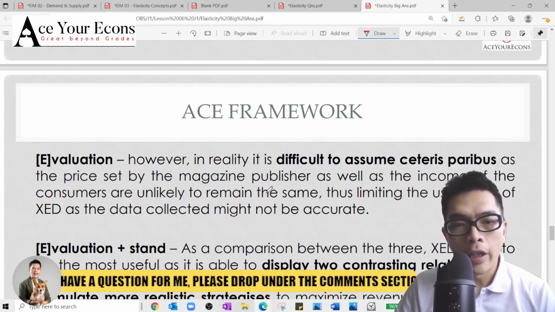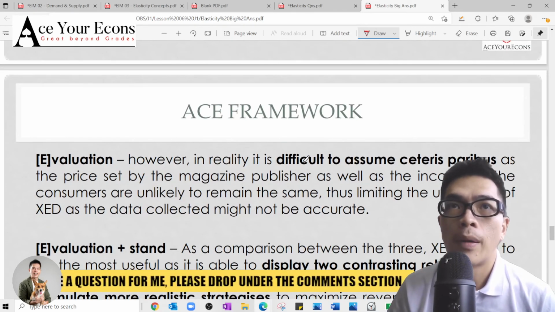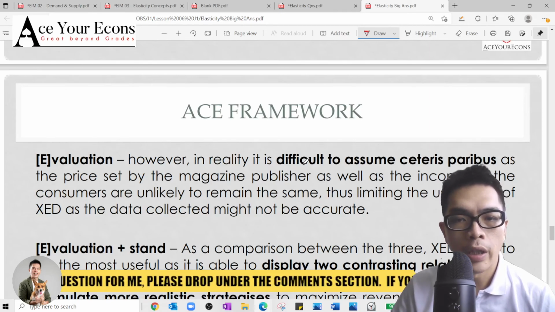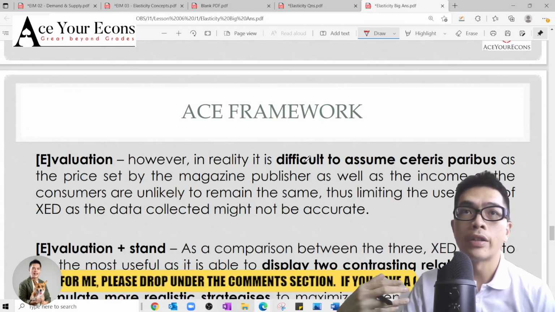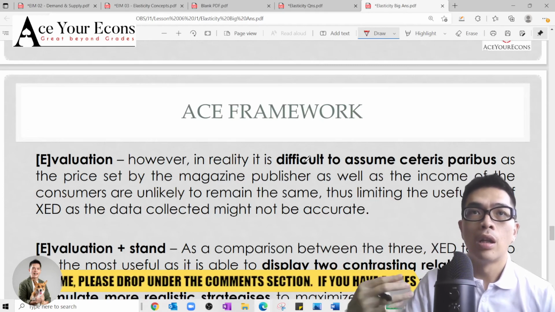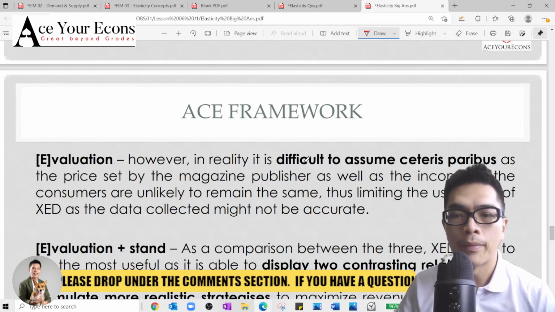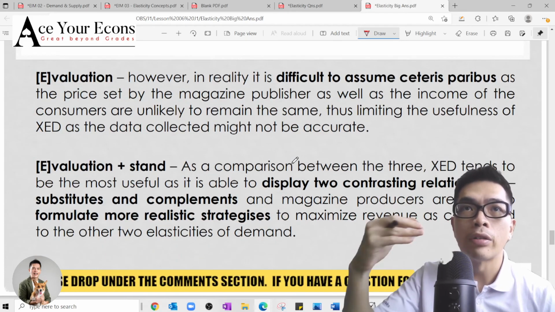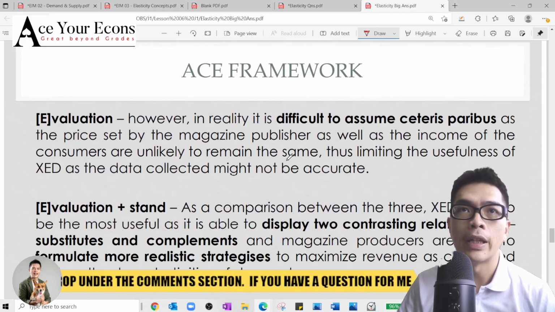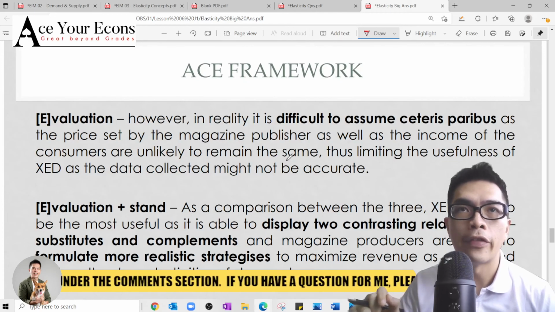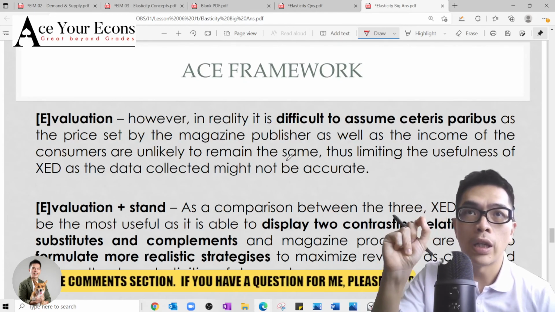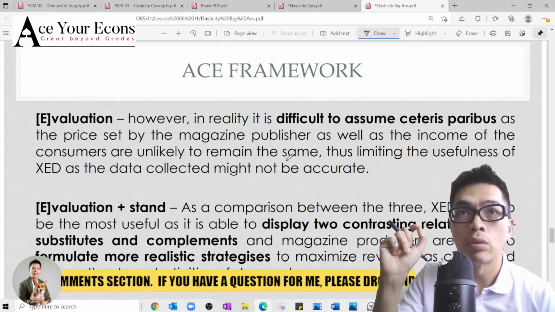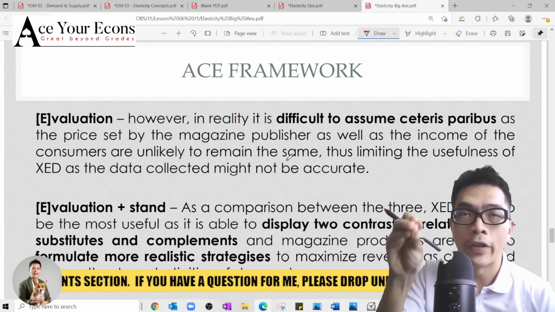Okay, a quick evaluation. You can talk about ceteris paribus not holding. What happens when there is a fall in price of your competitor goods together with changes in income? Remember, if there are multiple demand factors coming in, we cannot isolate the effects of XED. The whole idea is to isolate and to zoom into one specific factor determinant.